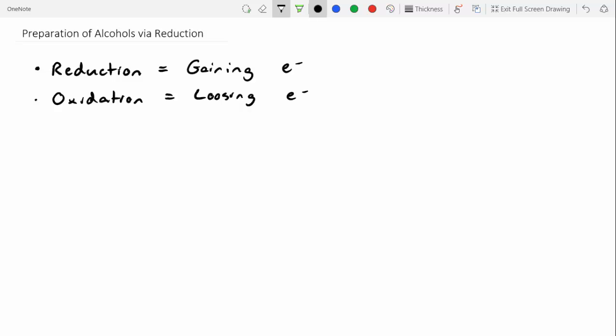In case you forgot them, you can use OIL RIG or LEO goes GER. Whatever one works for you, just try to remember this. You'd be surprised how many chemists forget basic oxidation reduction chemistry the further along they get in their careers. So let's cover oxidation state and compare it to formal charge.